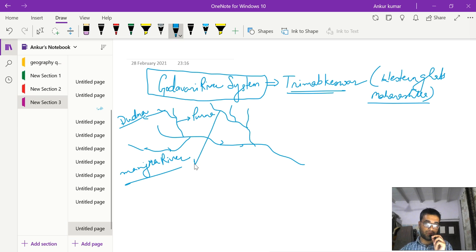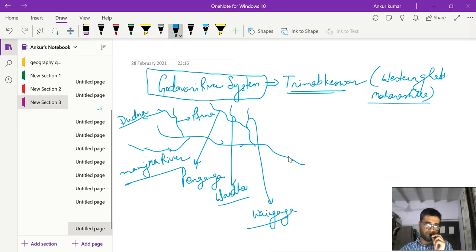So these three river systems: this is Pen Ganga, this is Wardha, the Wardha river system, and this is Wainganga. Here you have Indravati, this is Indravati River.